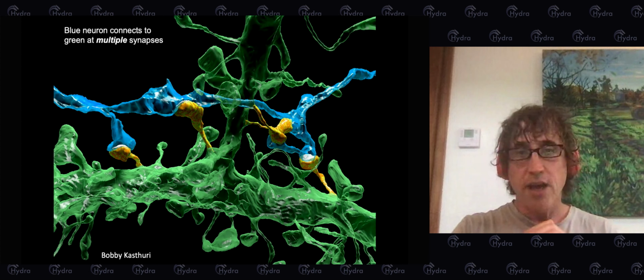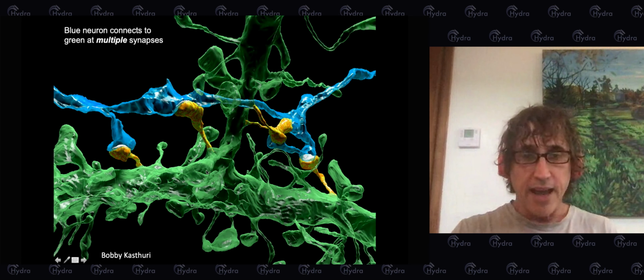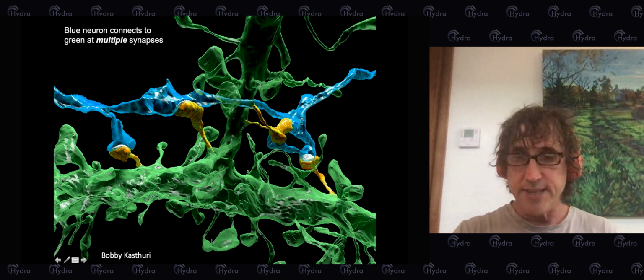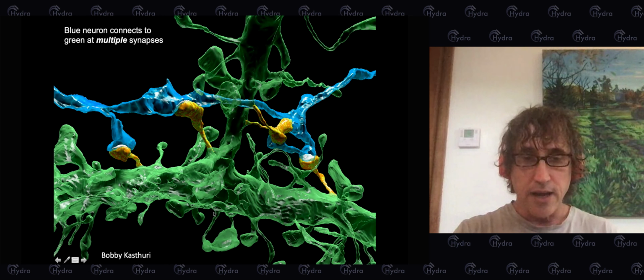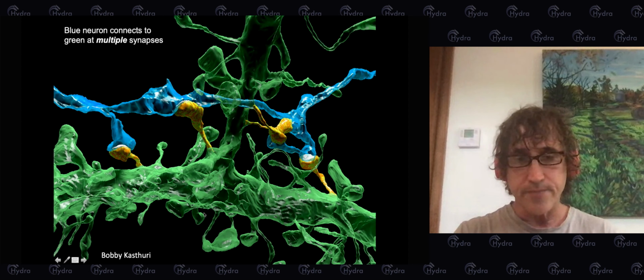Essentially a dendrite in green, and you can see these dendritic spikes here in each one.